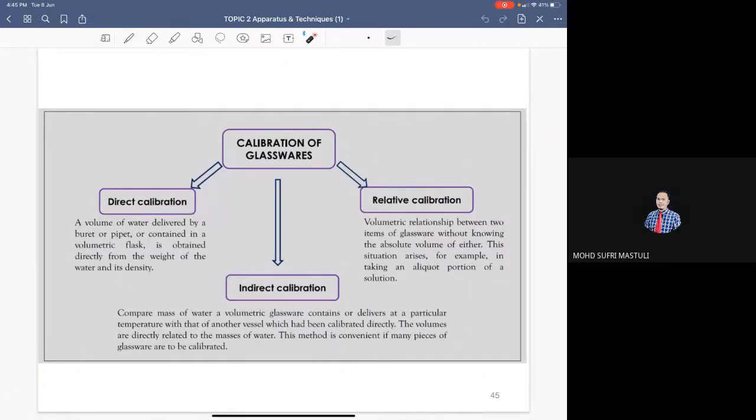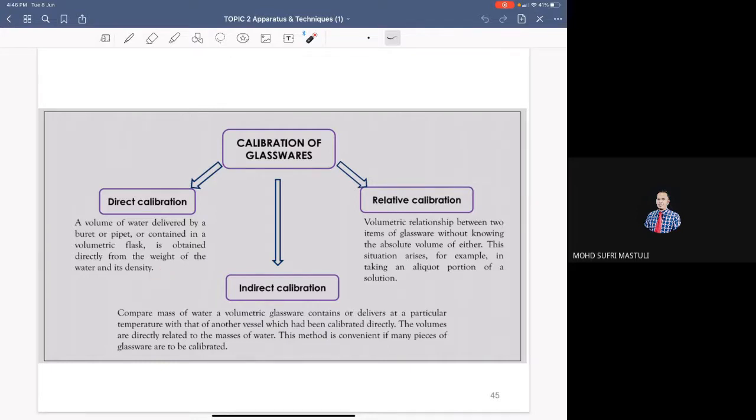There are several techniques for calibration of glassware: direct calibration, indirect calibration, or relative calibration. Direct calibration is where the volume of water delivered by a burette or pipette, or contained in a volumetric flask, is obtained directly from the weight of the water and its density.